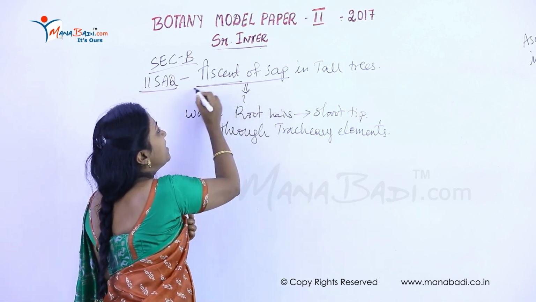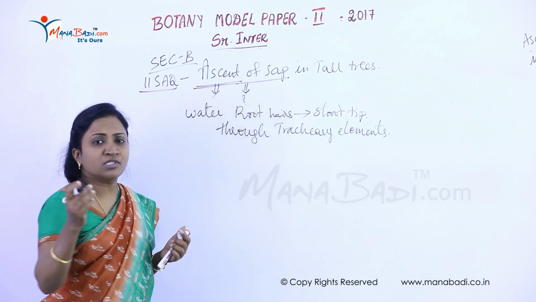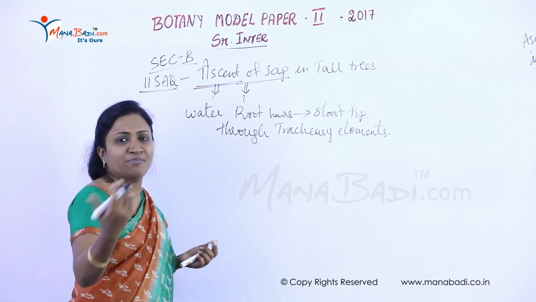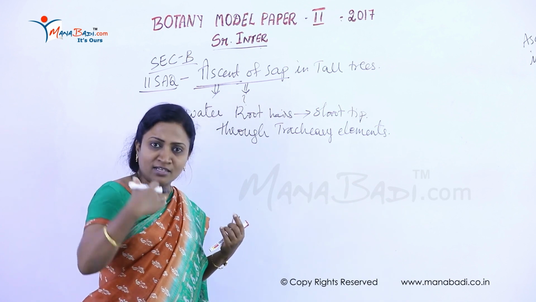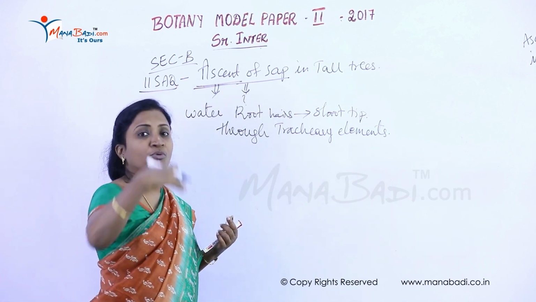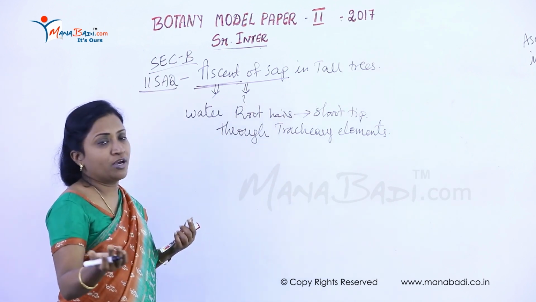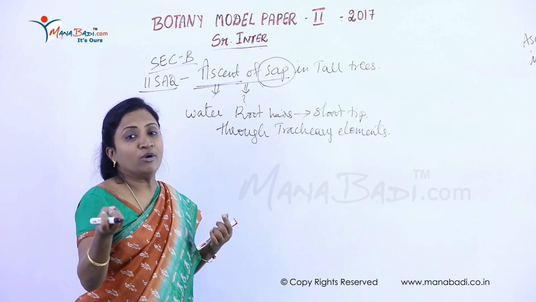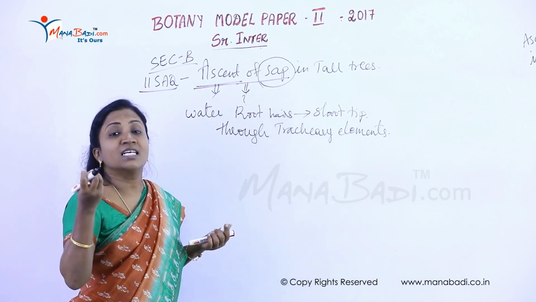See, the word ascent comes from ascending order, where it goes from small to big. Simply, ascending order is nothing but small to big, from a lower to a higher position. Sap is nothing but the fluid material present within the cell.